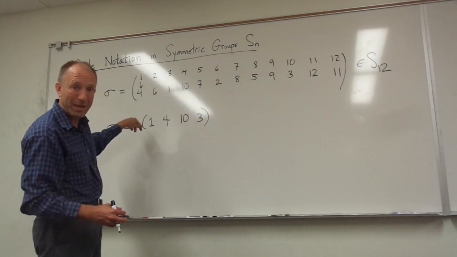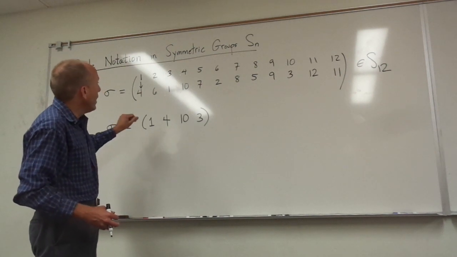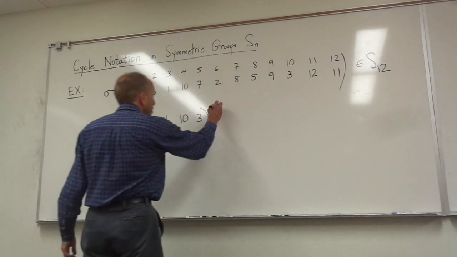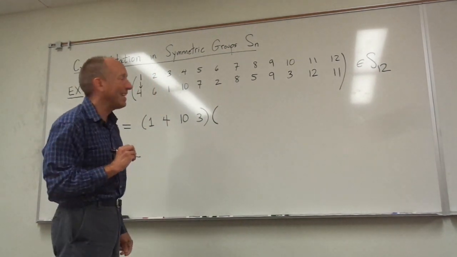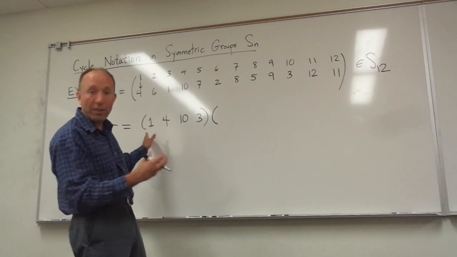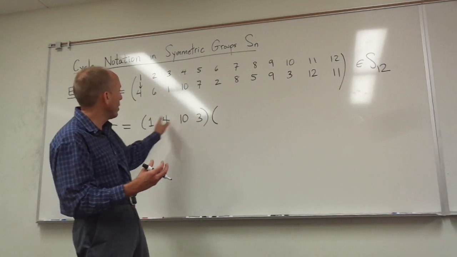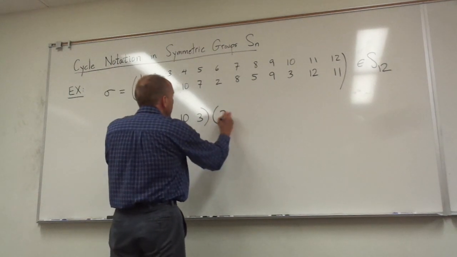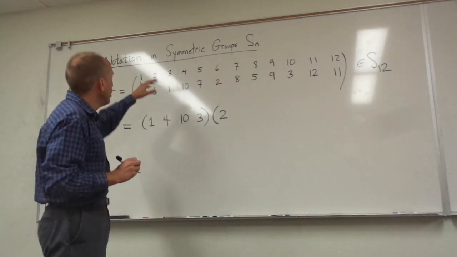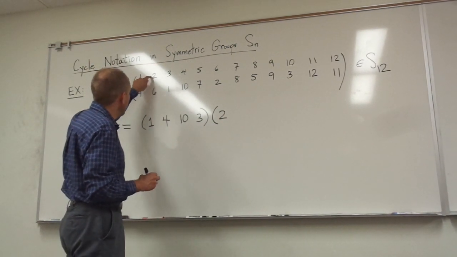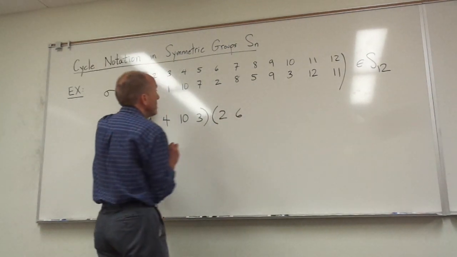Now, there are a lot of numbers that we haven't written down yet, so we need to start a new cycle. Again, we can start with any number that we haven't used yet. Obviously I'm not going to start with 1, 4, 10, or 3, but the next number in order would be 2. Starting from 2, 2 gets mapped to 6.